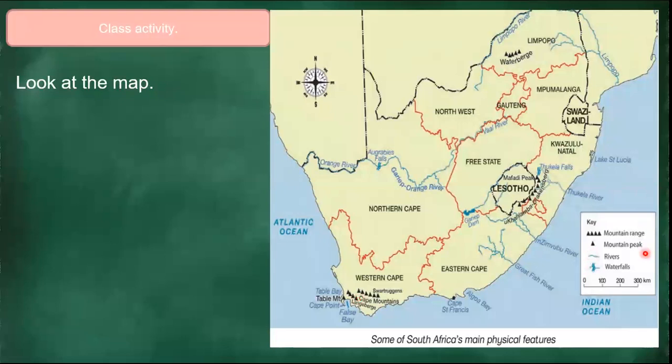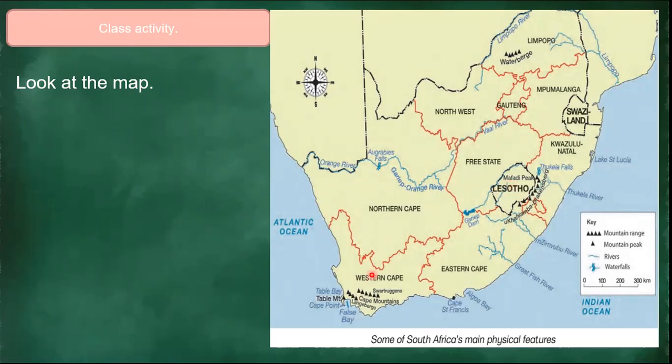And then we have rivers. As I've told you, the key of a river is in blue, you see, blue lines, okay? This shows rivers. As you can see, there are many rivers across the country, okay? So this one also shows waterfalls. Which means where there is this key, there are waterfalls, okay? There are waterfalls within our country.